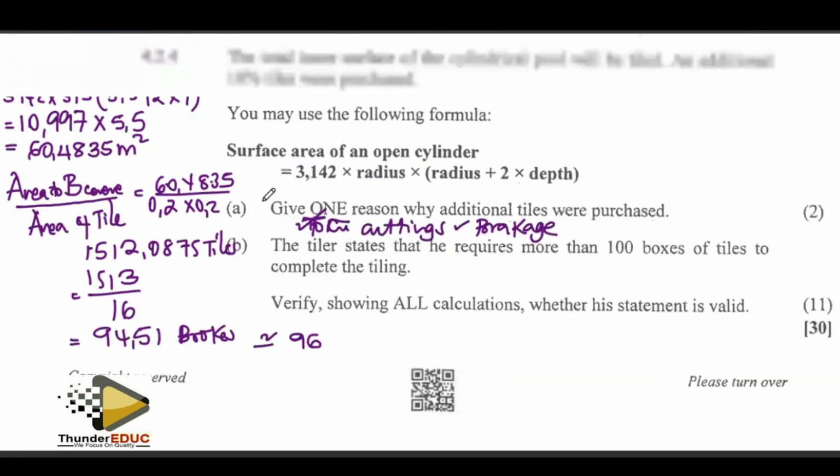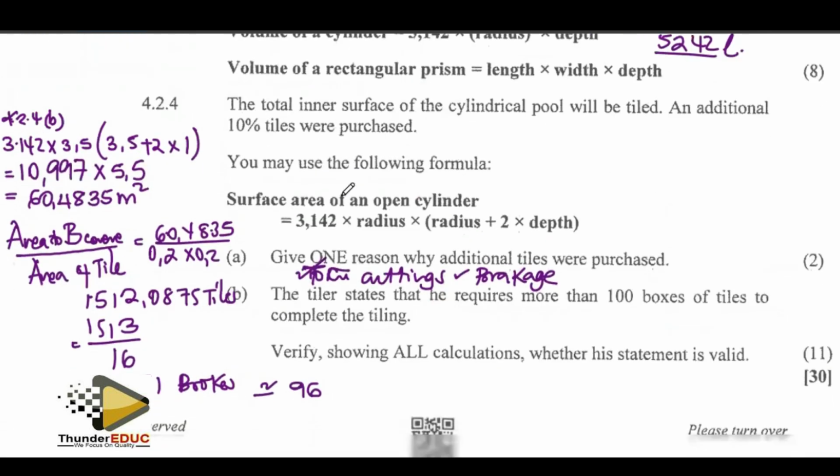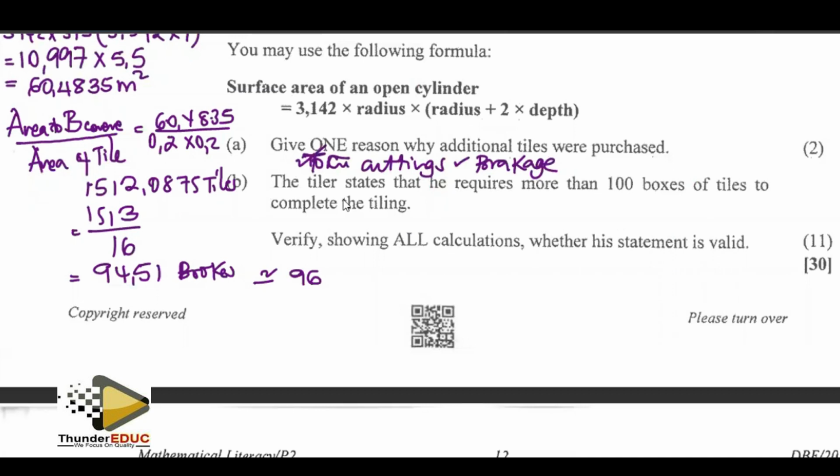But remember, he has to cater for an additional 10% purchase. So we multiply by 1,1. You have 100,0. Correct. This is more than the boxes in the scenario.